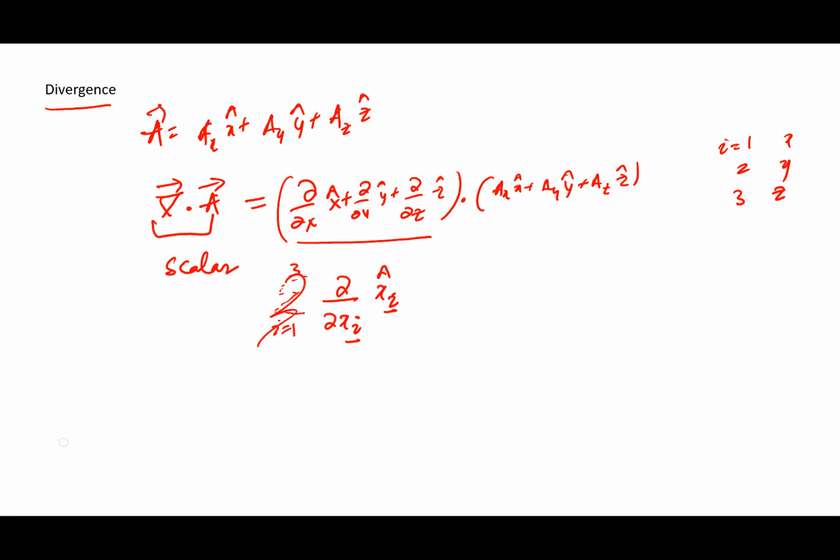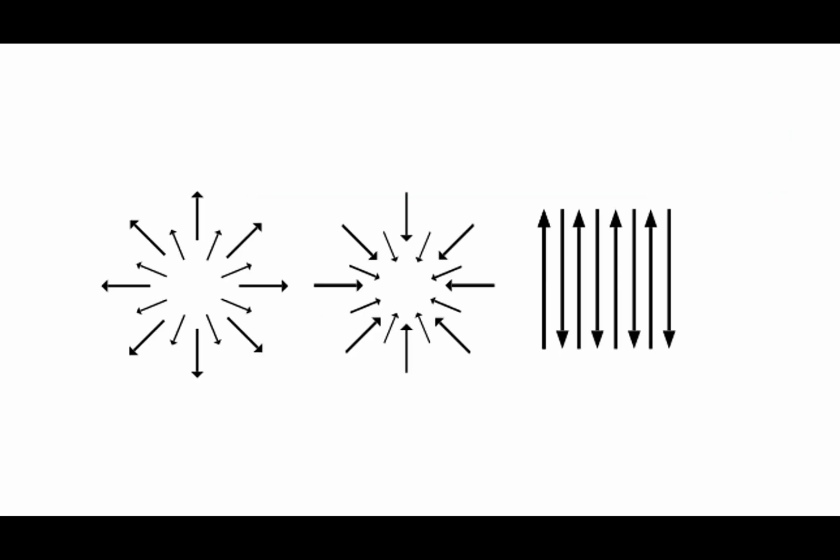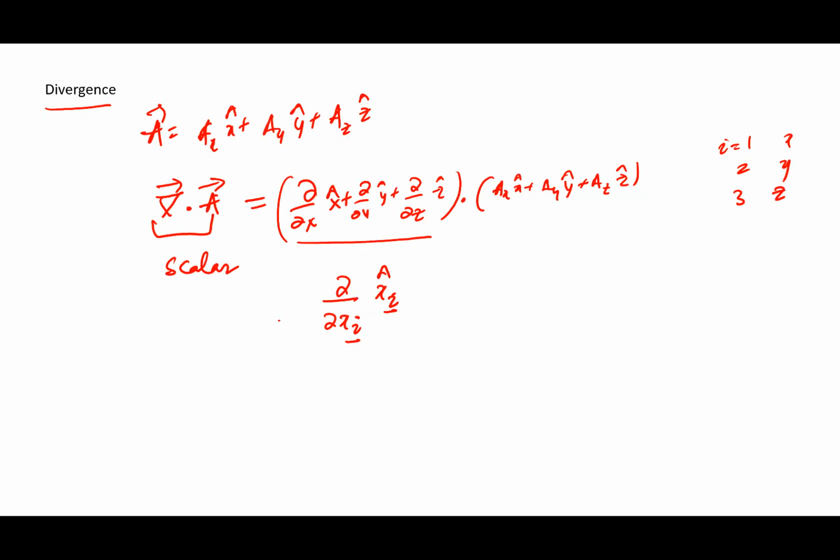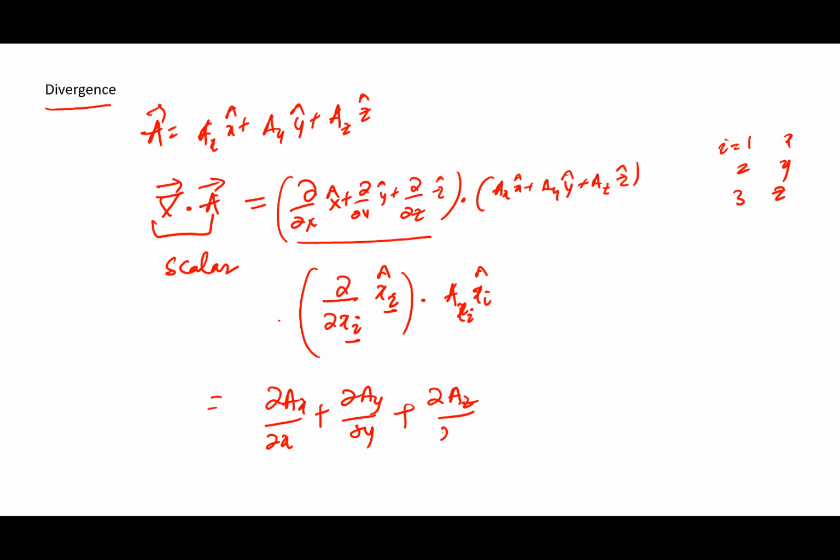I can erase the sum, because if an index is repeated, we don't need to write the summation sign. It is summed over. So then we have this dotted with A_i x_i-hat. What we get is simply dou A_x over dou x, plus dou A_y over dou y, plus dou A_z over dou z. That's what our divergence gives you.